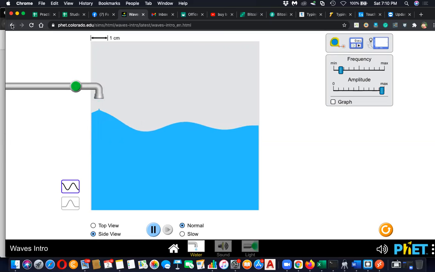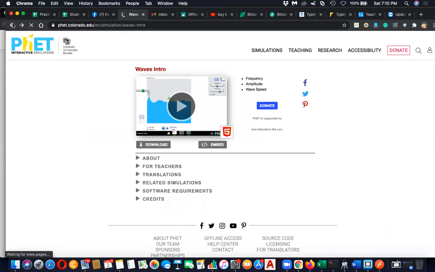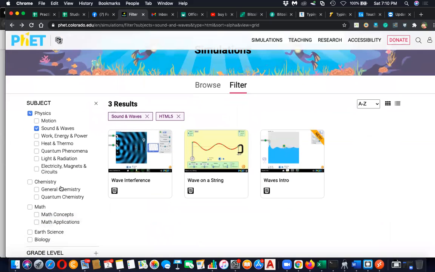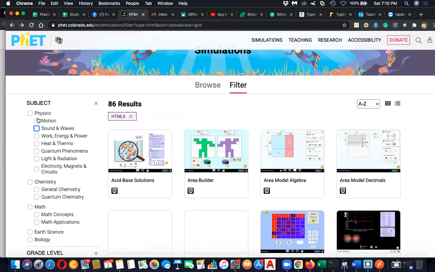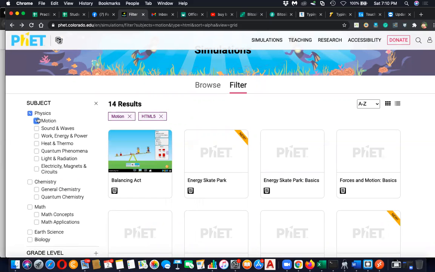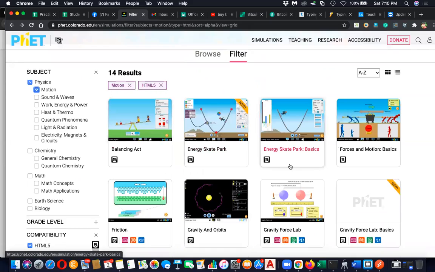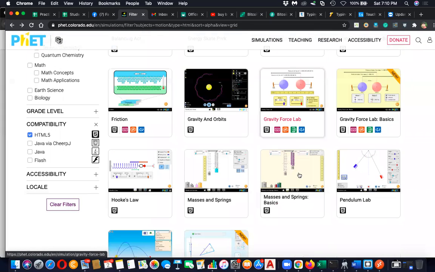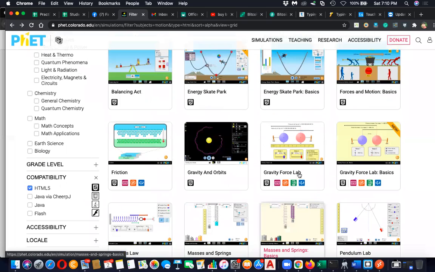Likewise, there are many simulations, even for chemistry, molecules and isotopes, general chemistry and quantum chemistry. This is for motion and forces, gravity, force laws. These are kind of important things.